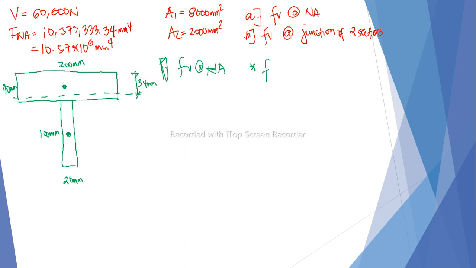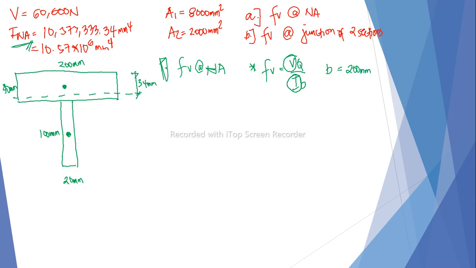And if you remember, shearing stress is equal to VQ over IB. So we already have our V, our shearing force. We have our I, the transformed moment of inertia for the whole section. Our B, for area 1, is 200 millimeters.